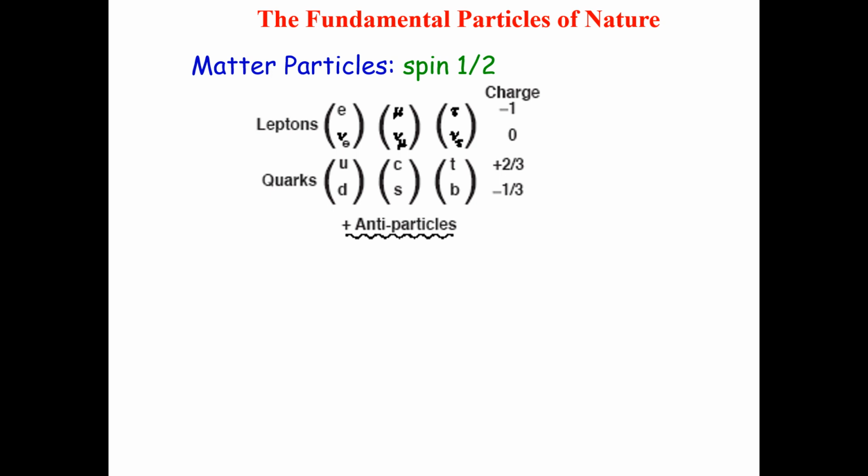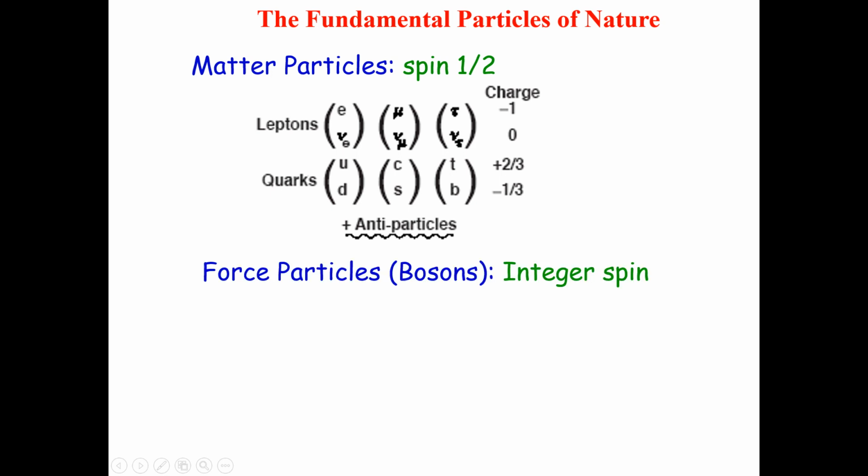But at this particular point, we are saying that quarks and leptons are all part of matter, and they all have spin 1 by 2, and the charges, just like you can see here. They are classified into different types of leptons and different types of quarks. Accordingly they have their respective charges, and along with that they also have their respective antiparticles.